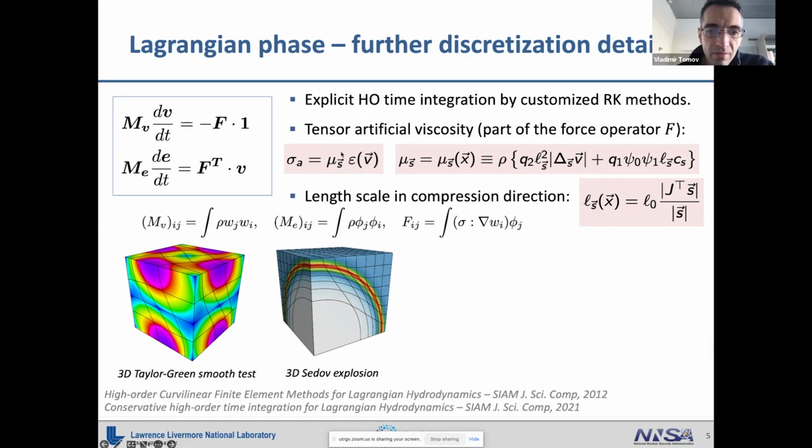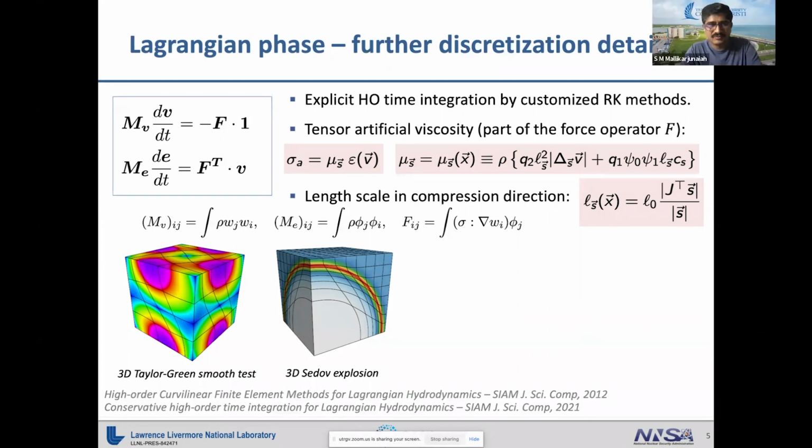It has nothing to do with the Euler equations. It's not like Navier-Stokes where this kind of term is there in the continuous system. Here we put this term in. Basically, you can put anything. It's purely artificial. We only put it to get stability. And this term goes into F, on the right hand side. Sigma is like the pressure tensor plus this.